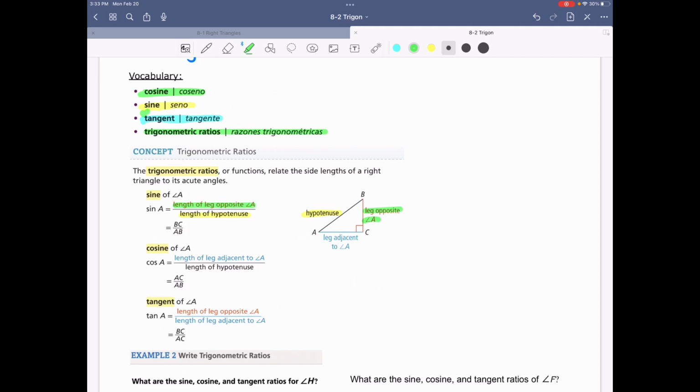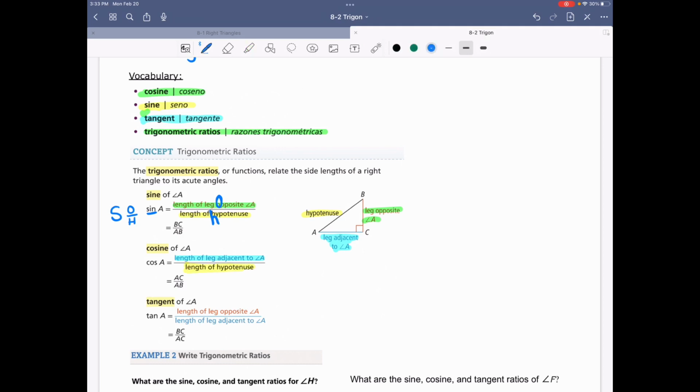And the way I remember it is I say so, like so what? So it's sine, and then it's O over H, like this. And the O is for opposite, and the H is for hypotenuse. Okay, and the S is for sine. Then when we're trying to figure out cosine, it is the length of the adjacent leg, which is right here, to angle A, over the hypotenuse.